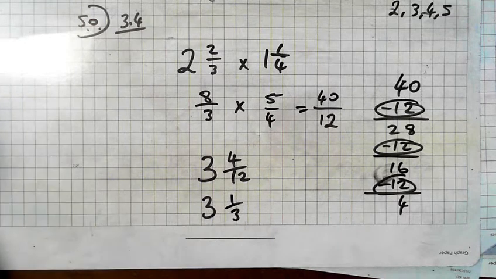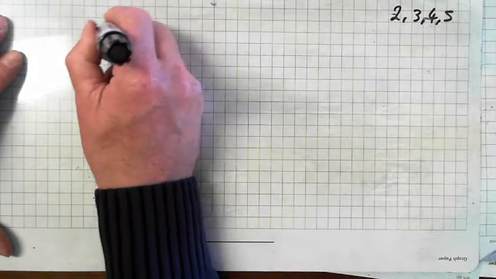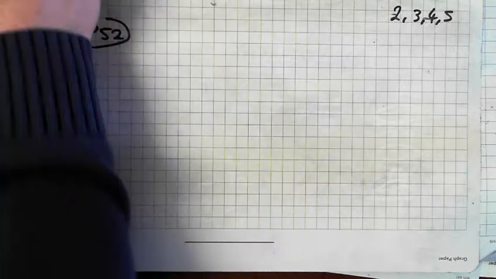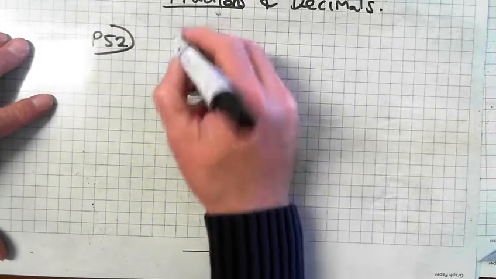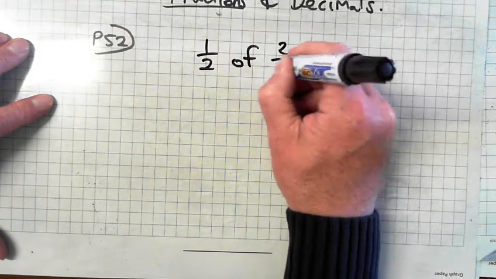Okay, we'll continue on with fractions for a little bit. Page 52. What does "of" mean in maths?